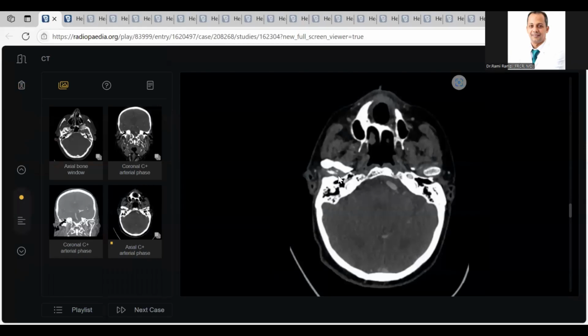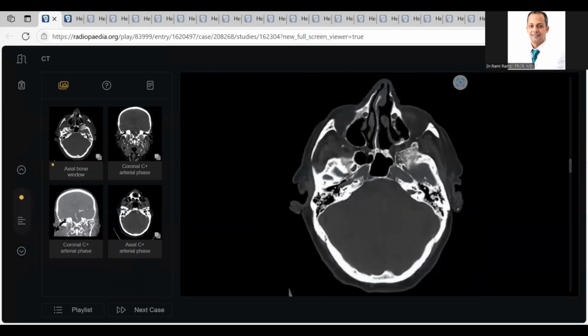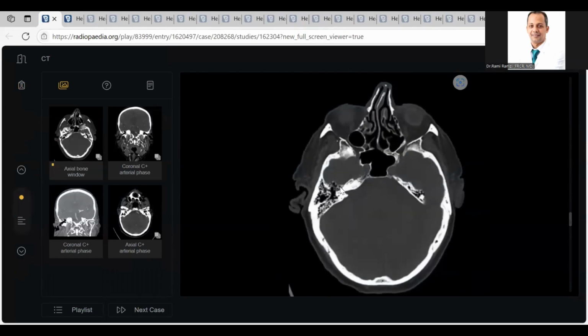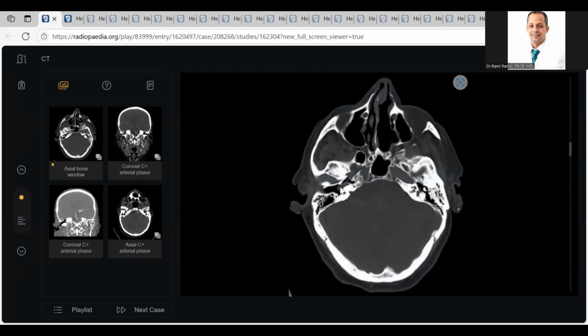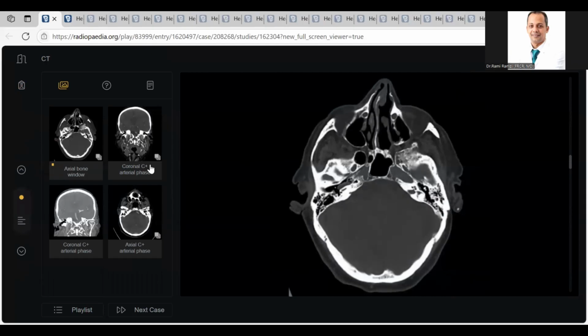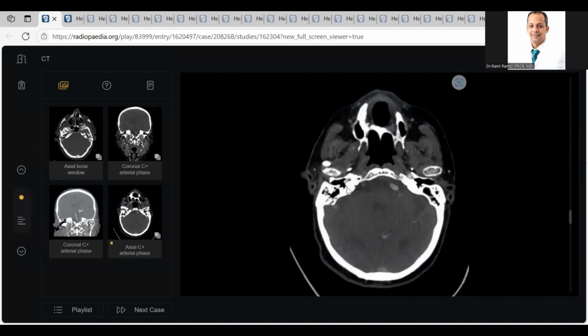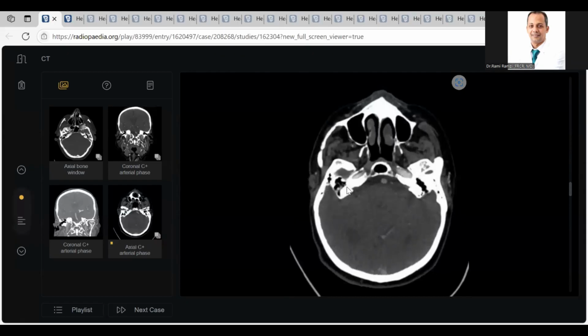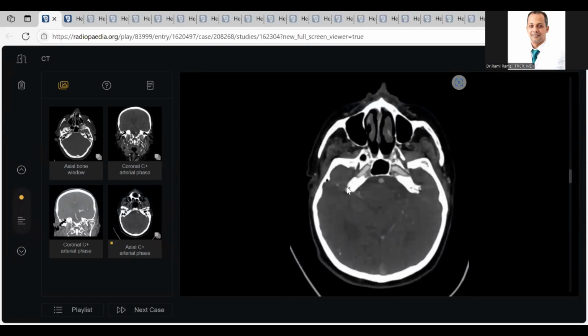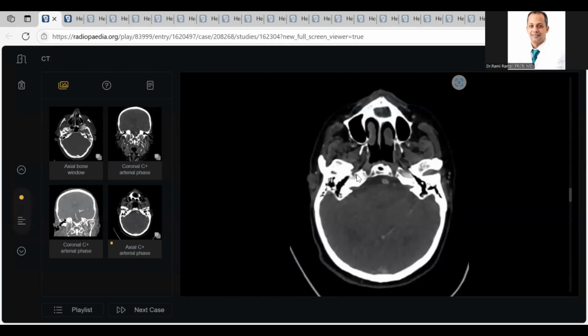This case, one of the difficult cases here. You did very well. You told me, Doctor, I see here some soft tissue abnormality. More than excellent. Let's see the post contrast or the angio. This is the right internal carotid.